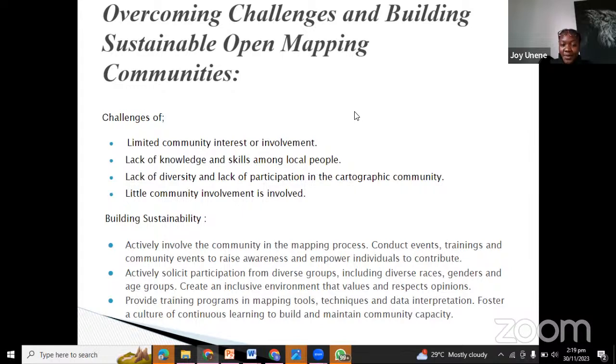These can be mitigated by actively involving the community in mapping processes, conducting events and trainings, actively soliciting participation from diverse groups, including diverse races, genders, and age groups, creating an inclusive environment that values and respects opinions, providing training programs in mapping tools, techniques, and data interpretation, and fostering a culture of continuous learning to build and maintain community capacity.